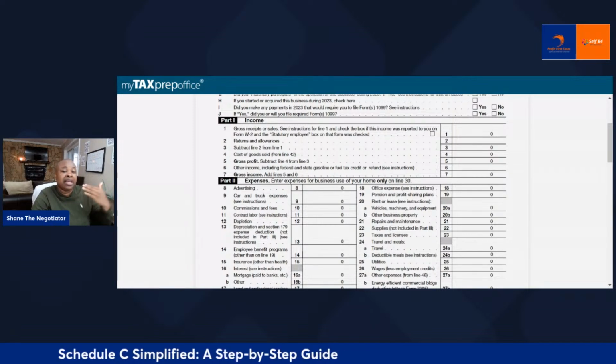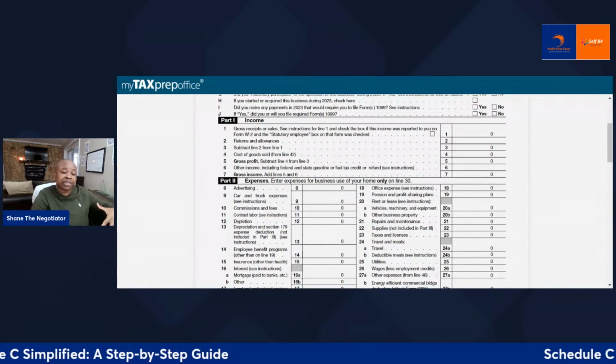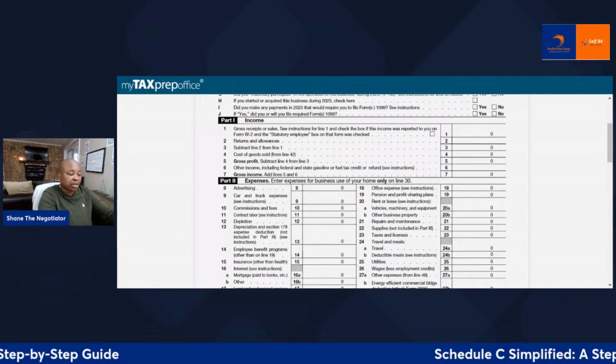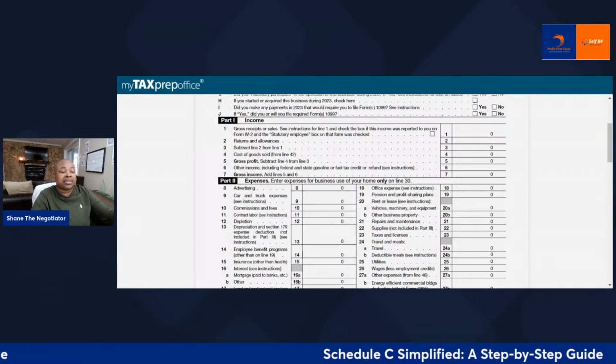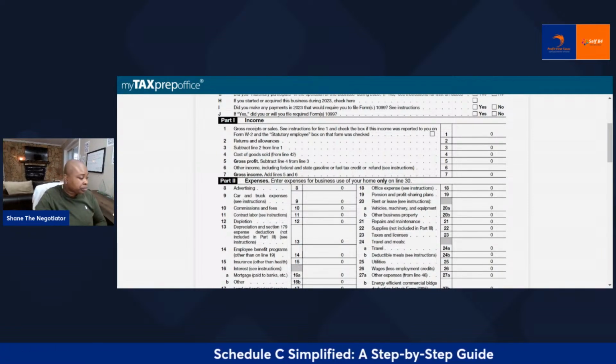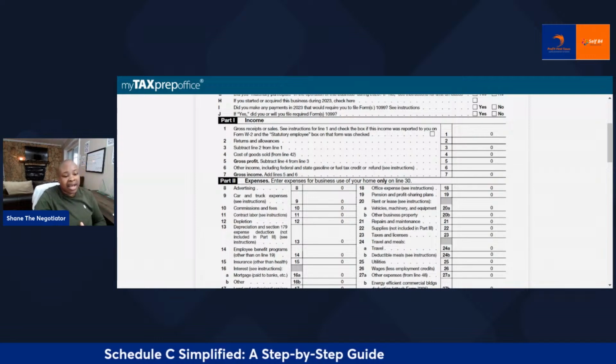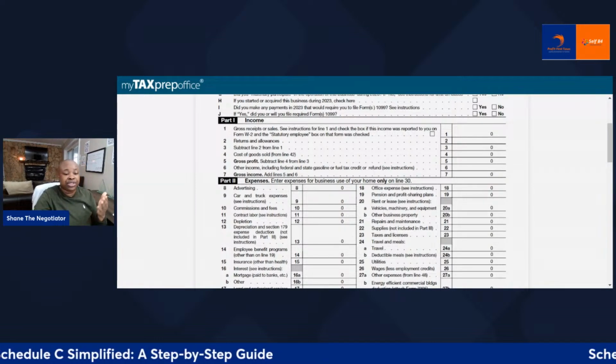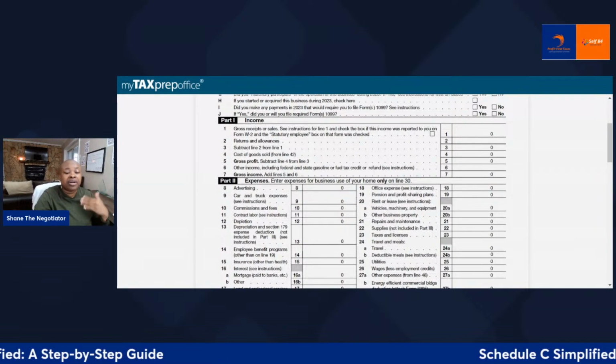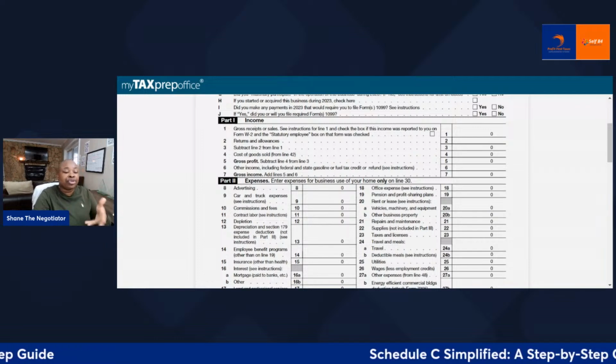You will wait until we get to part 3, because we're only in part 1. Once we get to part 3, then we will complete the cost of goods section, and that number is going to flow over to that box to give you your total. So for line 5, we're going to subtract line 4 from line 3 for your gross profit.